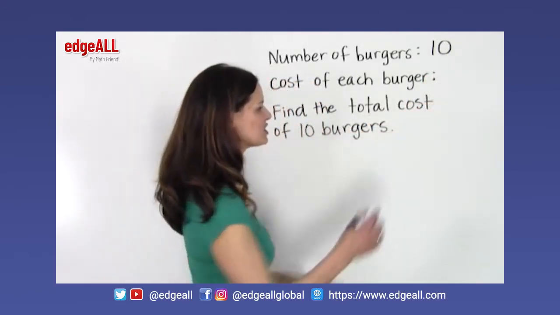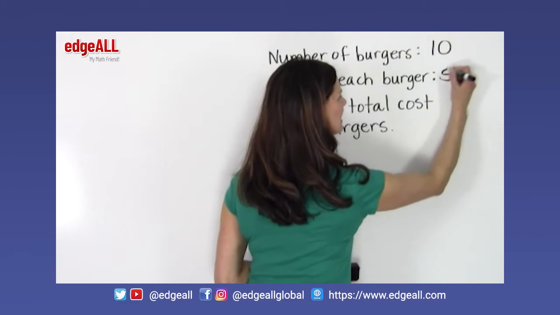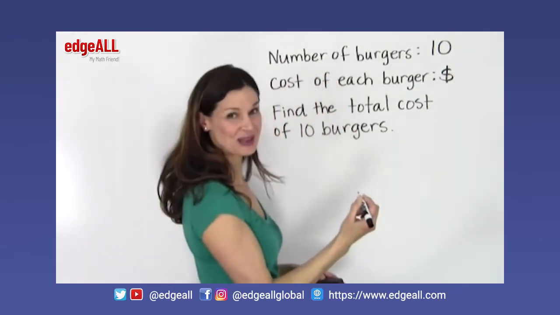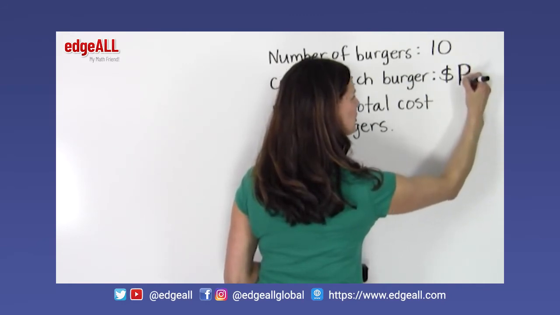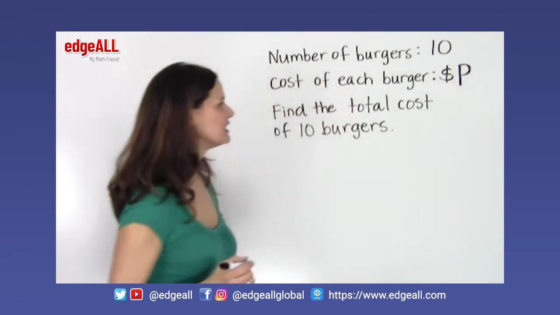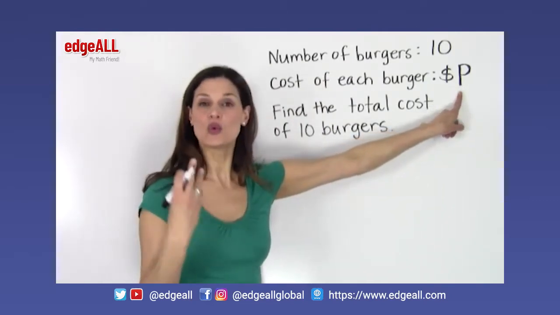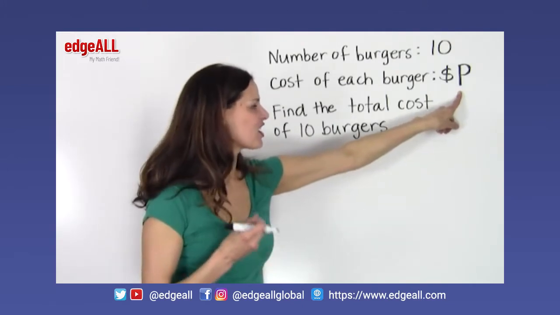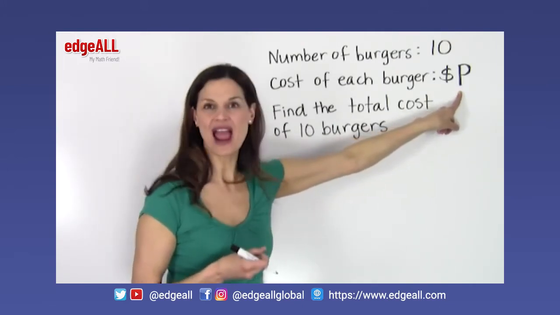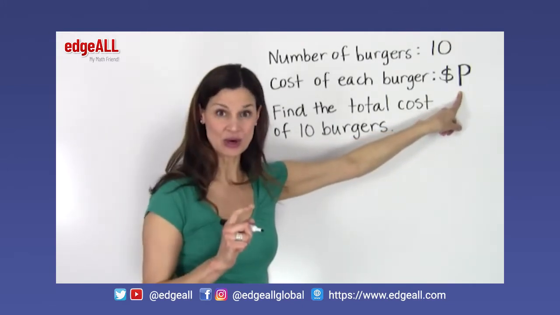Instead of being a question mark, we are going to make it $P. You can think of the letter P as the price. So the letter P here represents or stands in for the cost or the price of one burger.